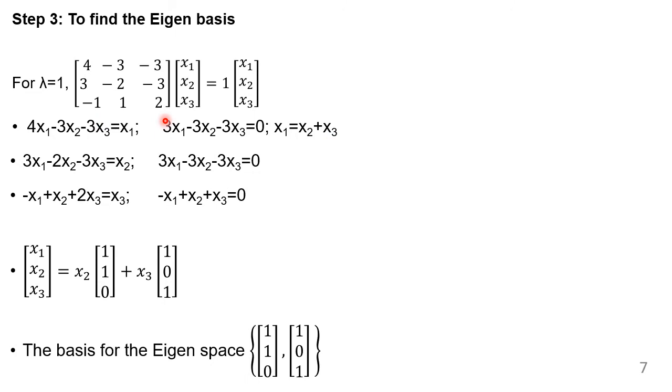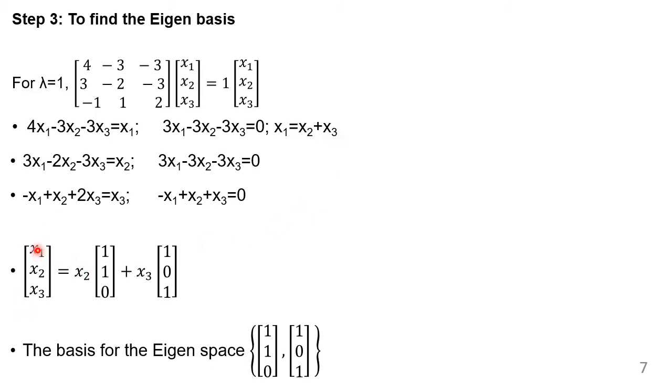We take the third one, we have minus x1 plus x2 plus 2x3 is equal to x3. When I simplify this, I get minus x1 plus x2 plus x3. Further simplification will give me x1 equal to x2 plus x3.